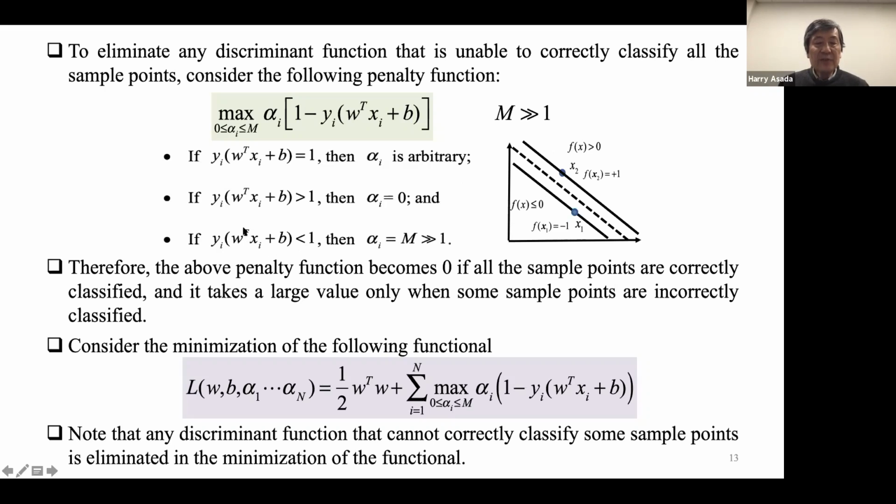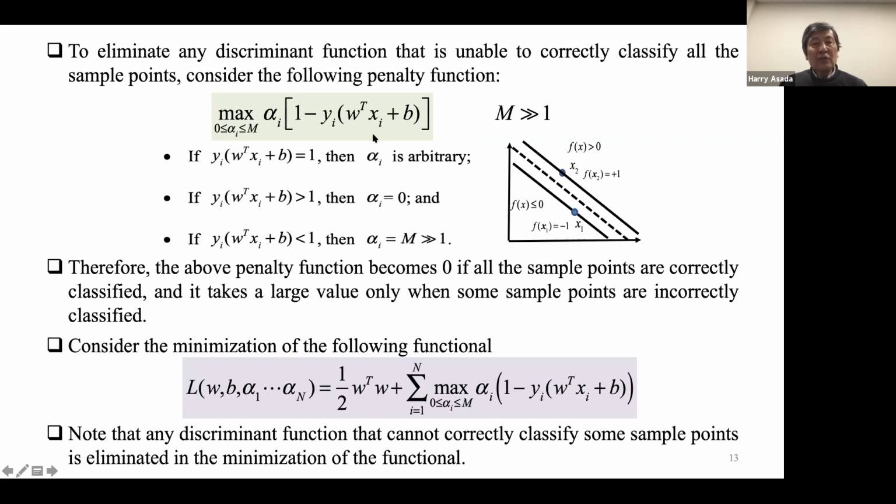Now, the points which are not classified correctly. This function takes a value less than 1, making this term positive. If this is positive, to maximize all this, alpha should take a large value. Let's take some kind of bound M. The maximum allowable value M is taken for these samples.